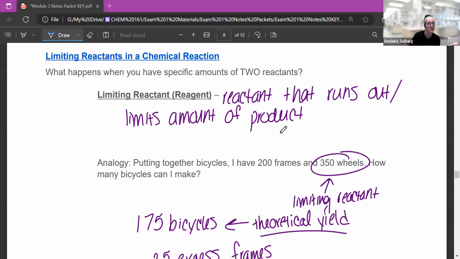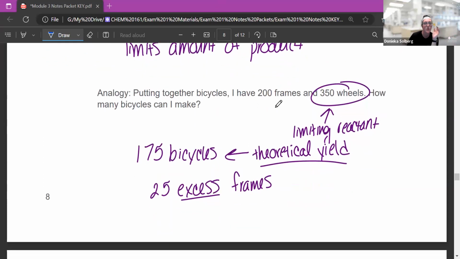Okay, so an analogy for this is say I'm putting bicycles together. Bicycles need 2 wheels. I have 200 frames and 350 wheels. If I ask how many bicycles can I make? Well, if I just look at the frames, I can make 200 bicycles. But if I just look at the wheels, I need 2 wheels for each one, so I can only make 175 bicycles.